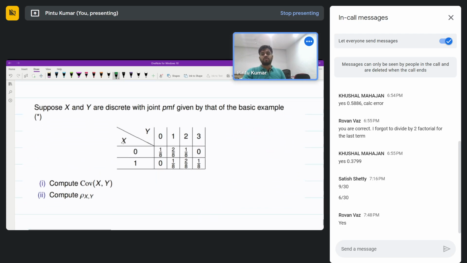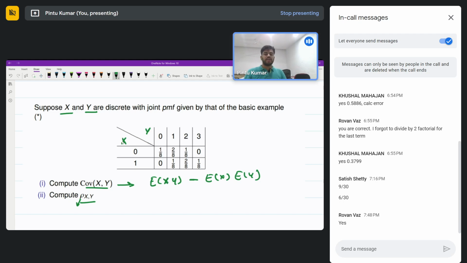We are given a joint distribution of x and y, and we want to find covariance of xy and the correlation between x and y. So the formula for covariance of xy is expectation of xy minus expectation of x into expectation of y.